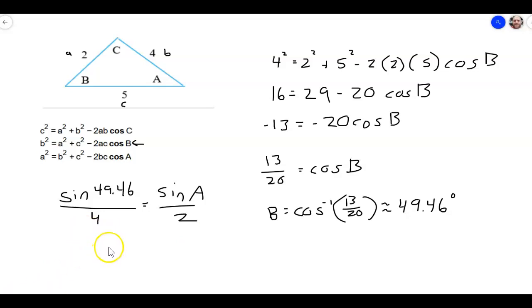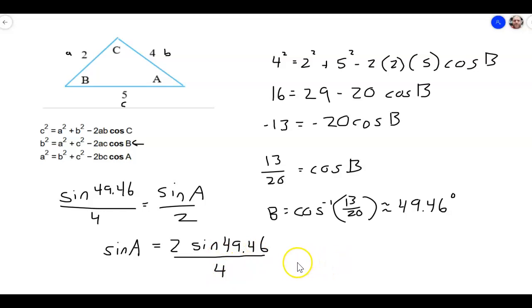So we're going to end up getting that the sine of A is equal to 2 times the sine of 49.46 over 4.